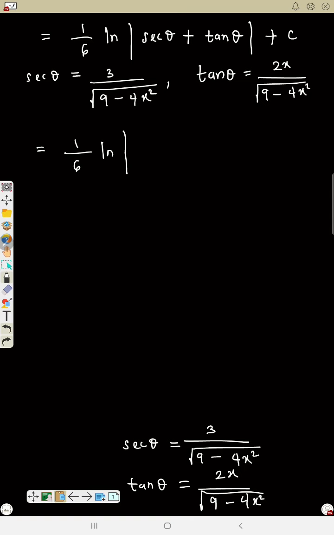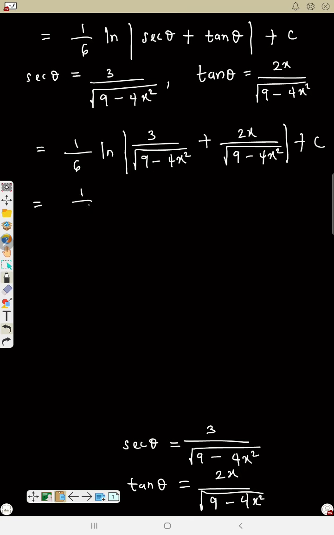So now sec theta, that is 3 divided by square root of 9 minus 4x square, plus tan theta, that is 2x divided by square root of 9 minus 4x square, then plus c. If you stop here, you have not simplified further, so we can still simplify further.